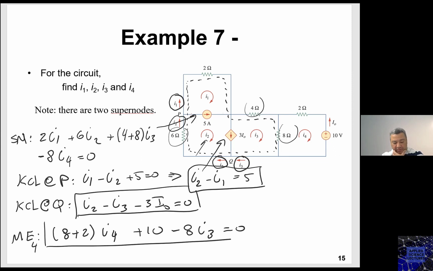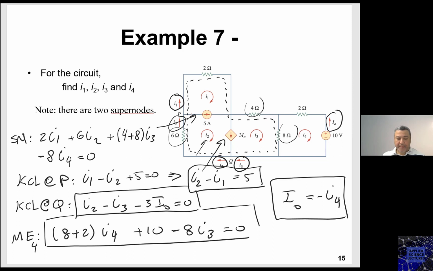Now let's count the variables. How many variables do we have? We have 1, 2, 3, 4, 5 variables: I1, I2, I3, I4, and I naught. Now for this I naught, you need to write an equation. Where is I naught? This is I naught. Notice that this I naught is minus I4.